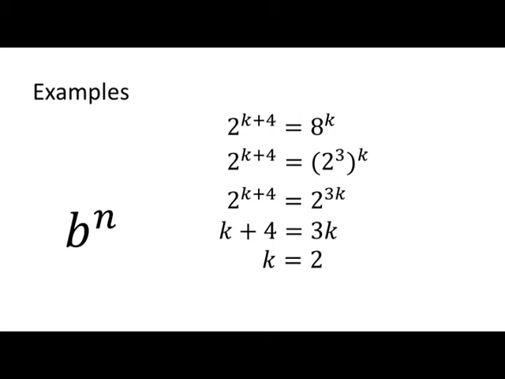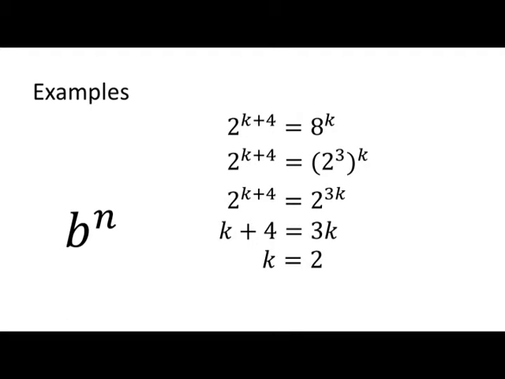So that means 8 to the k power is equal to parentheses 2 to the third power close parentheses to the k power. Now if you remember our rule, 2 to the third power to the k power is equal to 2 to the power 3 times k, because if you raise a power to a power, you multiply the exponents.